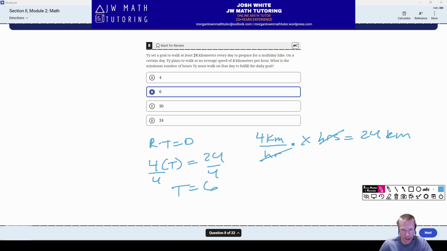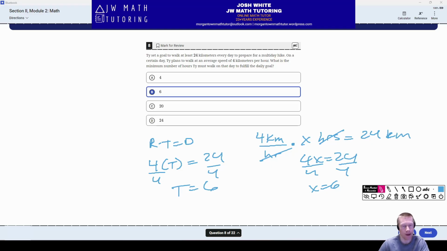So the hours cancel out. I get kilometers on both sides. And now you just end up with the same equation that I had before, 4x equals 24, 6 hours. It's a slightly different way of thinking about it rather than having the rate times time equals distance equation memorized. So whichever approach you take, it's just going to be 6 hours.